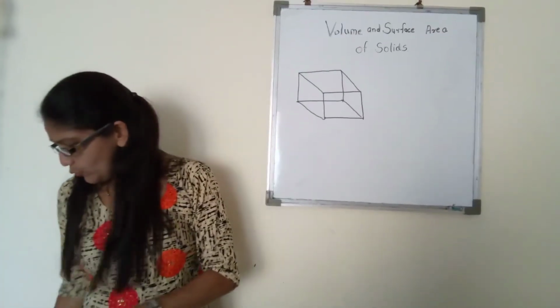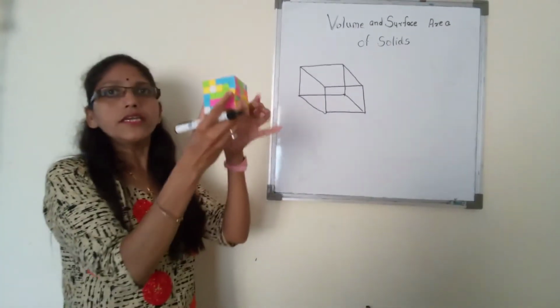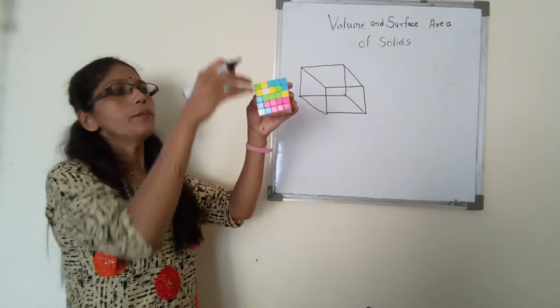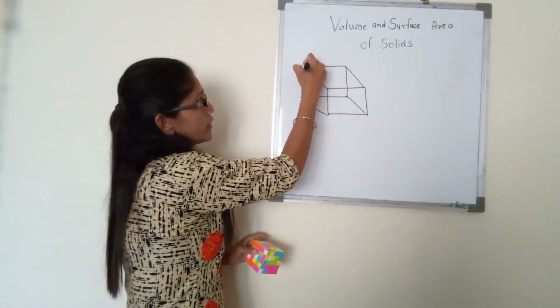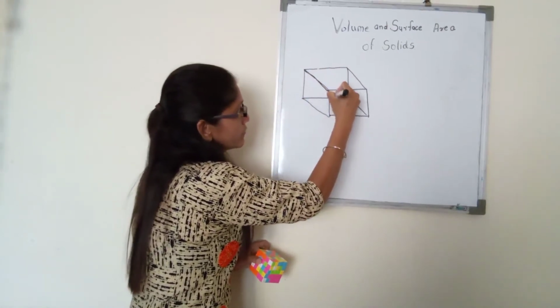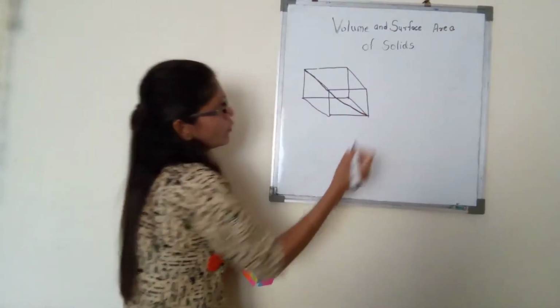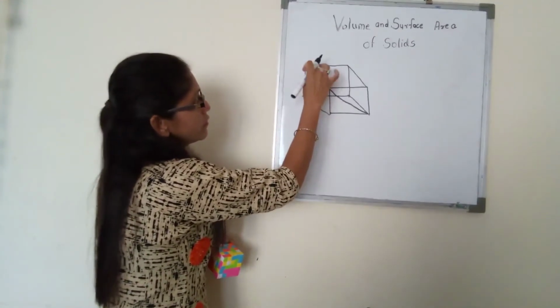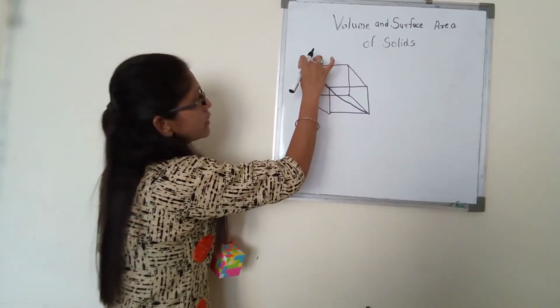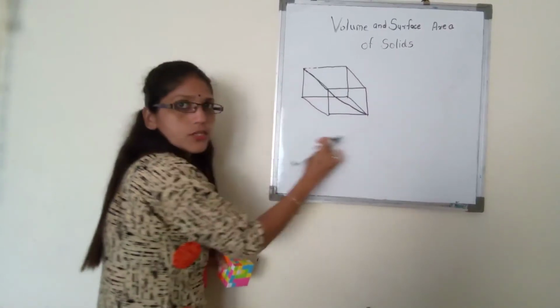As we find the diagonal of the square, we also can find the diagonal of the cube. Okay, this is the cube. What we have to do is cut this cube into two equal parts, from this to this. So this is the diagonal of this cube.